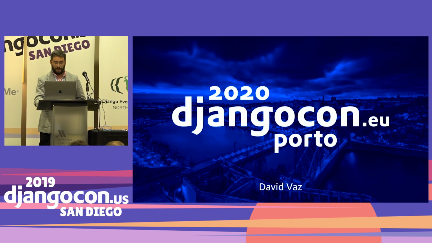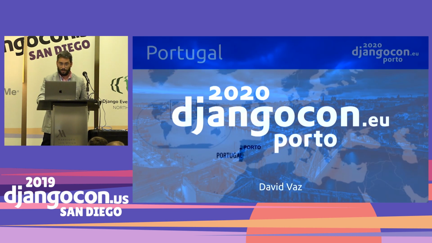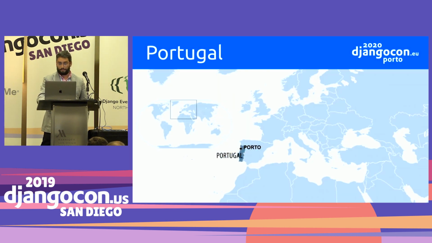Hello, my name is David. I come from Portugal, and the next DjangoCon will be there. I'm here trying to convince some of you to look at the other side of the pond. Portugal is one of the countries in Europe, the closest one to America, by the way.